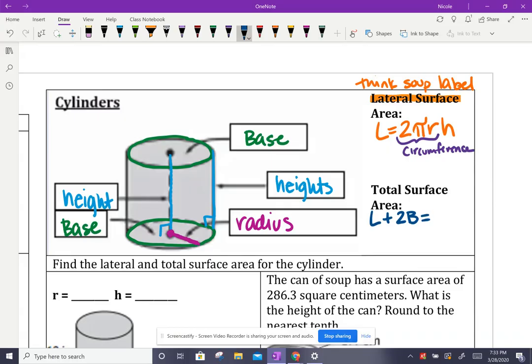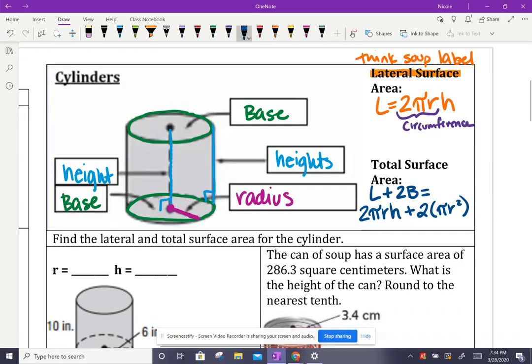So your total is 2 pi r times h plus 2 times pi r squared. So it seems like a very complicated formula, but it's all information that we know how to do already. Circumference times height plus double the area of the circle.